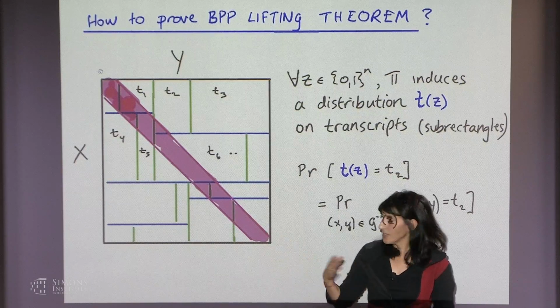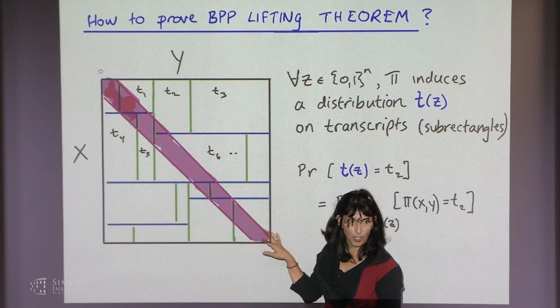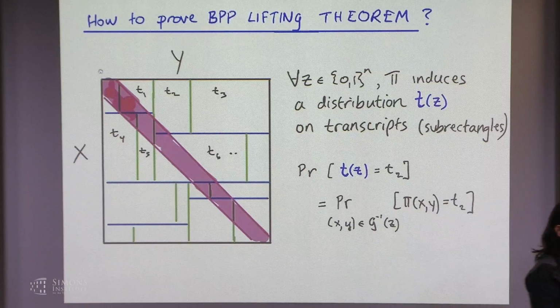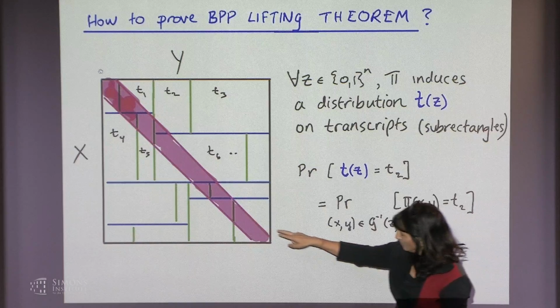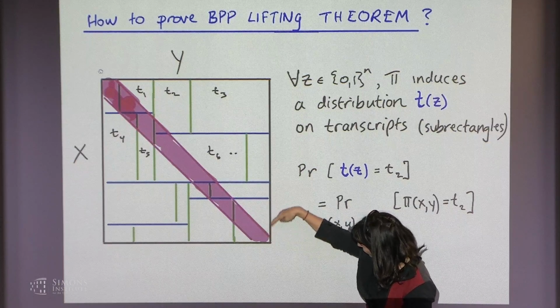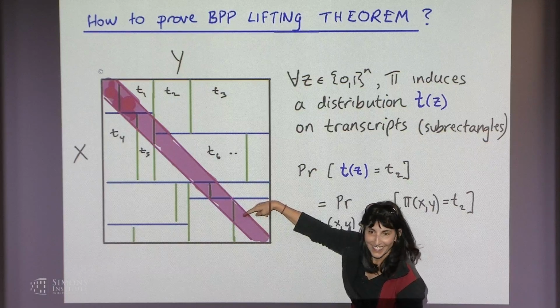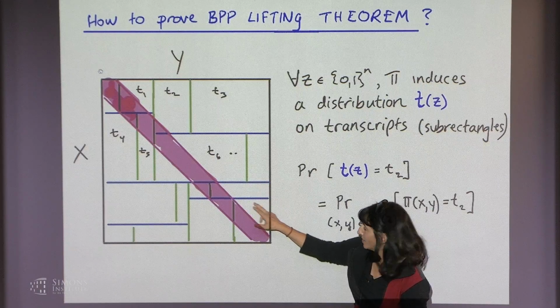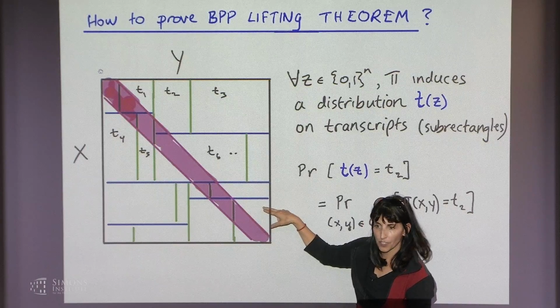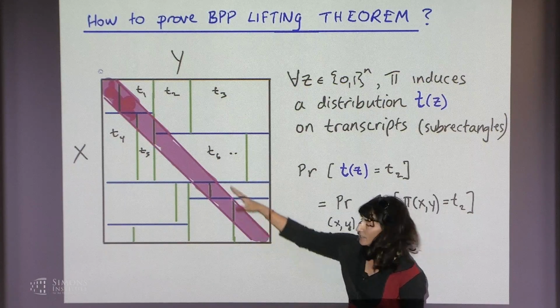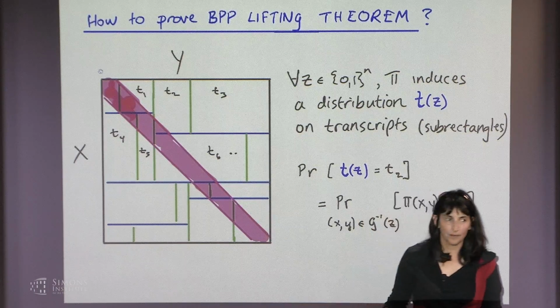That gives you a distribution over the transcripts of the protocol, right? So this transcript in particular, maybe a quarter of the time you end up in here. So this transcript will have probability like a quarter with respect to the z slice, and so on. Does that make sense?